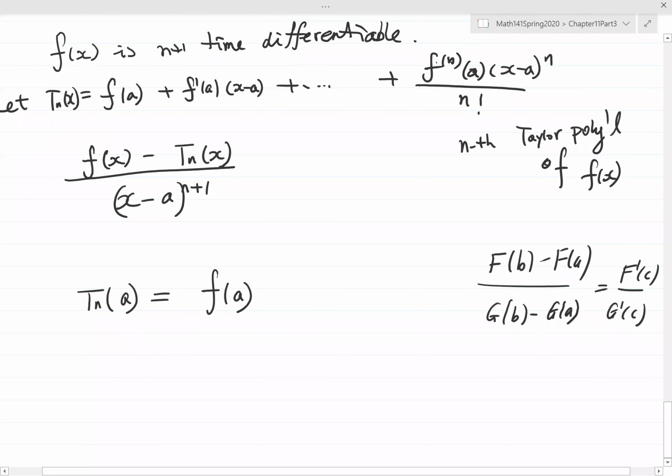Now, let capital F(x) be little f(x) minus T_n(x).